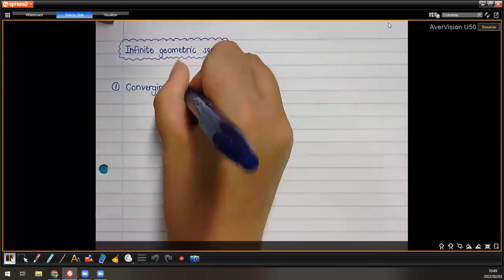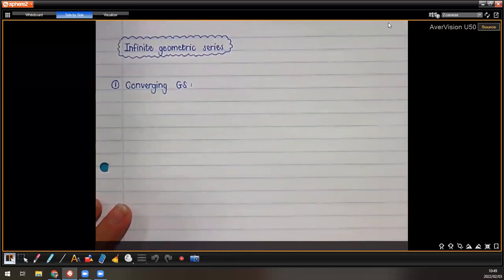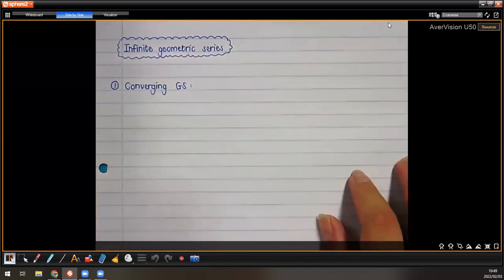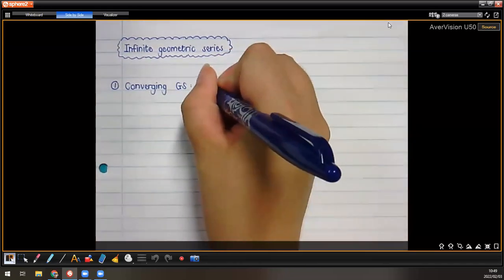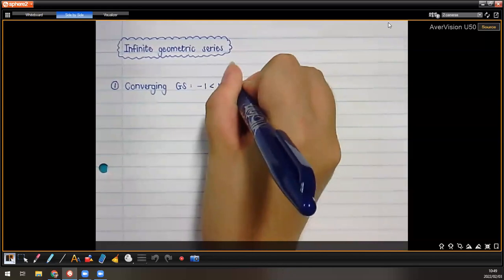You can actually write GS. It won't happen for an AS. It's not such a thing. All right, the converging geometric series. Now, converging series, this will happen when your ratio is between -1 and 1, but not 0.